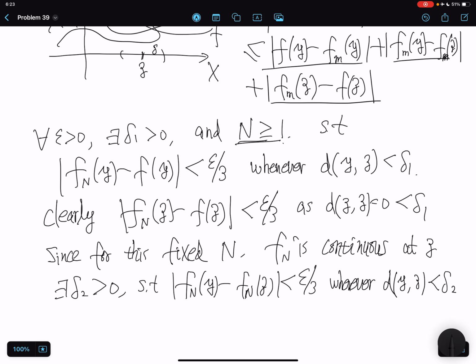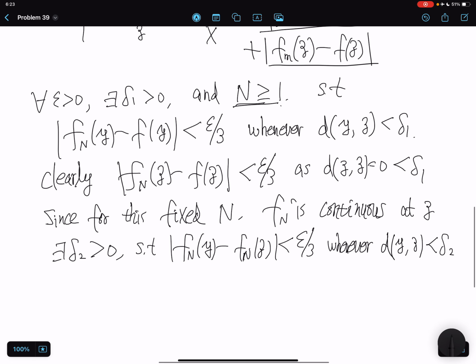Now it's the standard way: we choose delta to be the minimum of delta 1 and delta 2.